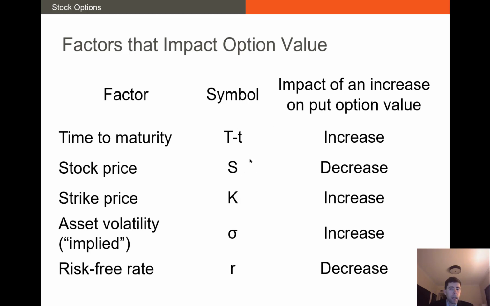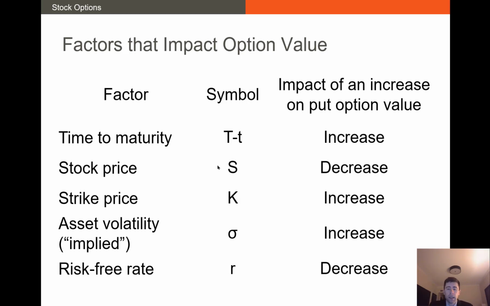Stock price, now we're reversed. So if the stock price is higher, this would decrease the moneyness of the option. You would be more out of the money with the put option. Whereas with the strike price, if the strike price increases, then you would be able to sell your underlying stocks for a higher price. So higher strike price, higher put option value, aka higher put option premium.